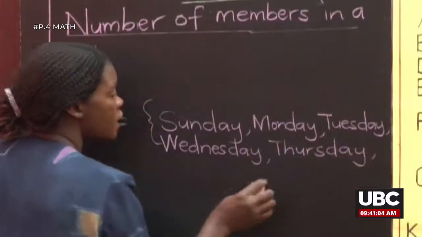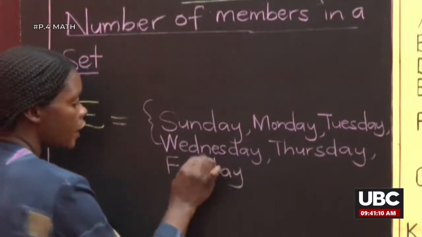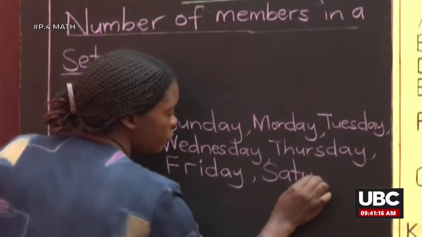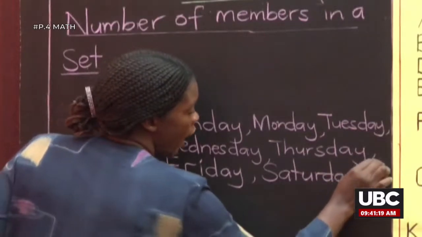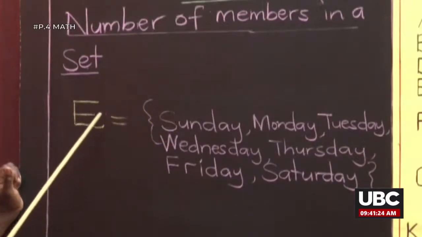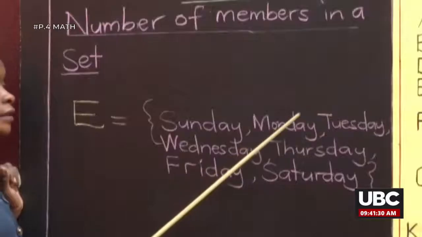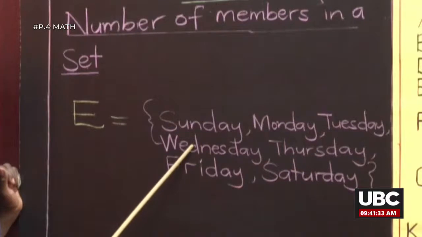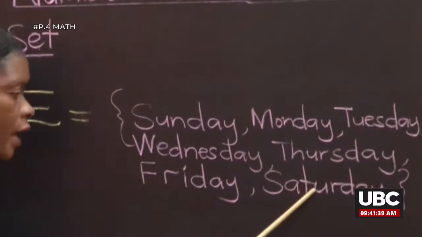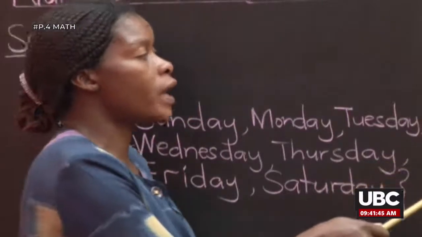All these are members of set E. After Thursday, we have Friday, and lastly Saturday. Close the bracket. All these members belong to set E: Sunday, Monday, Tuesday, Wednesday, Thursday, Friday, and Saturday, since it is talking about all days of the week.